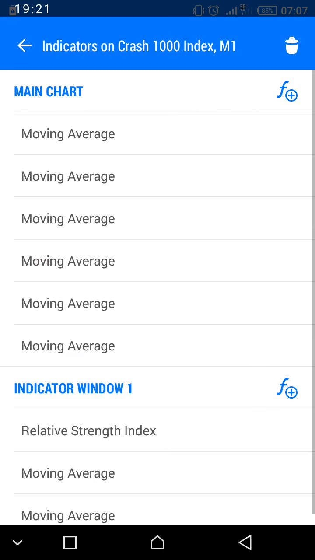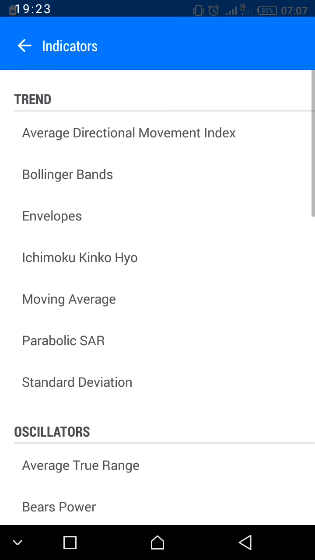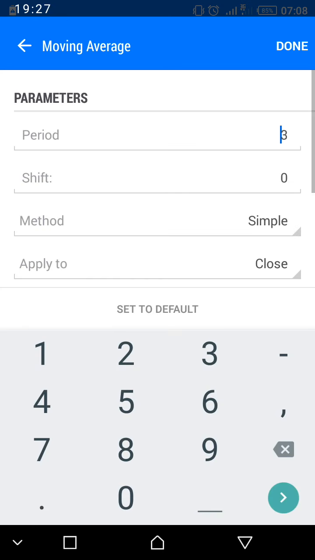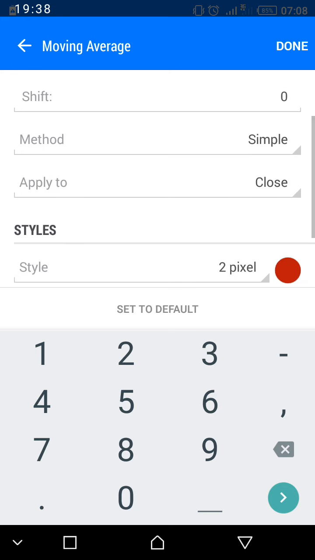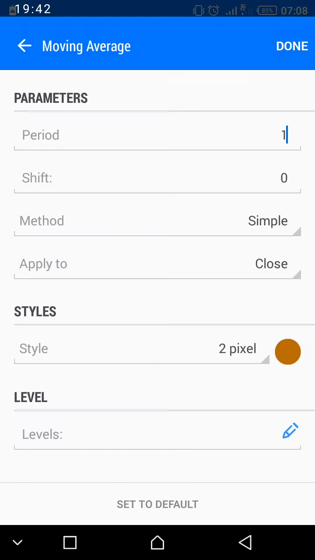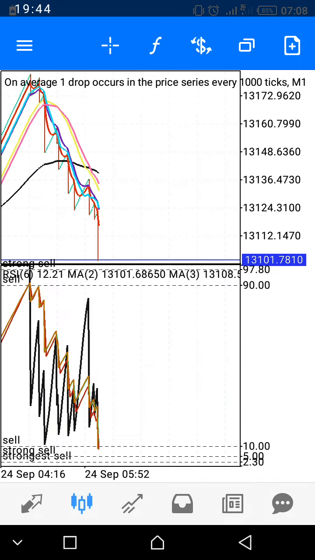Then also the last one, F plus window 2 moving average, set to 1. Pink brown. Then done.